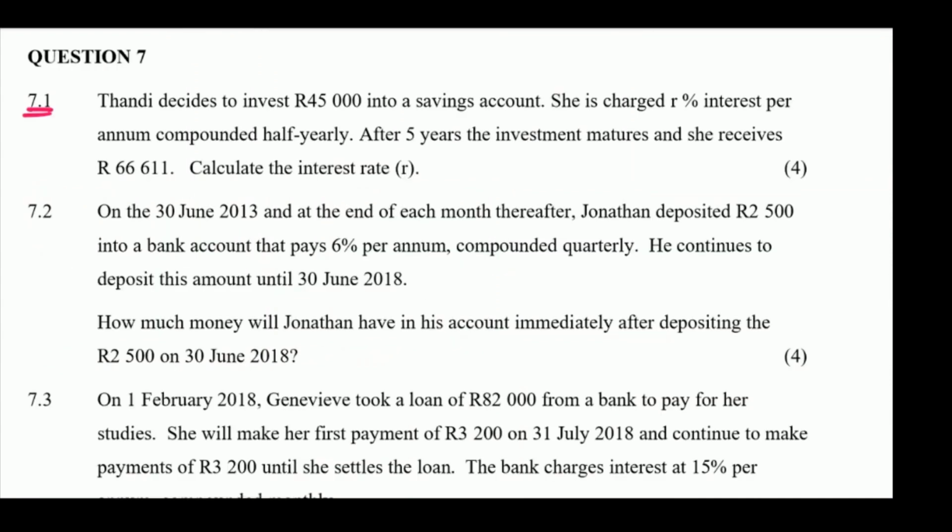Now, we're going to do 7.2 here. The question says that on the 30th of June 2013, and at the end of the month thereafter, Jonathan deposited 2,500 rand into the bank account that pays 6% compounded quarterly. He continues to deposit this amount up until the 30th of June, right?